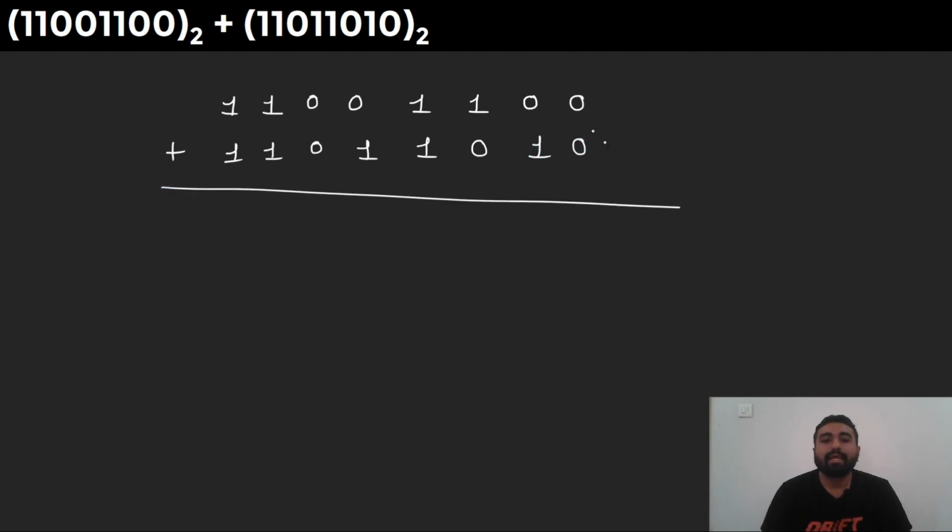So we will add the numbers column wise from the LSB. This side is definitely your LSB. So the first column, 0 plus 0 will be 0. Similarly on the second column, 0 plus 1 will be 1. Here 1 plus 0 is 1, and here 1 plus 1.